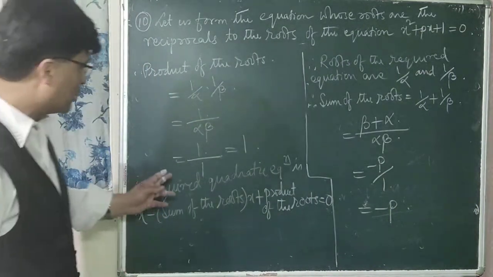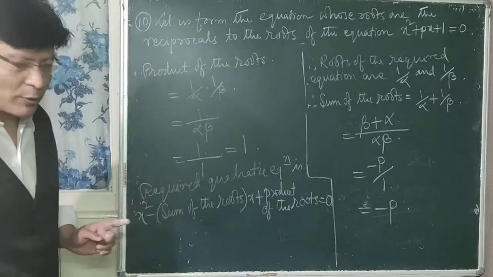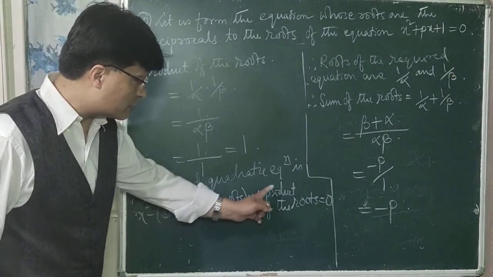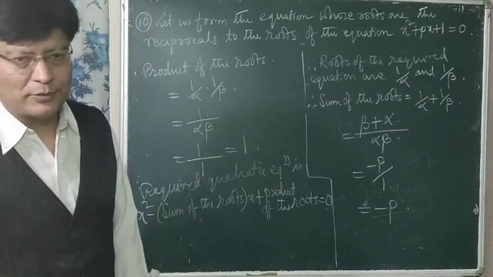That is, the required quadratic equation formula is x square minus sum of the roots into x plus product of the roots is equal to 0.